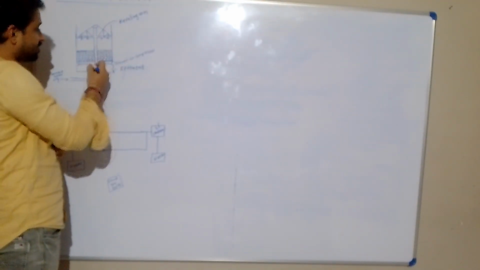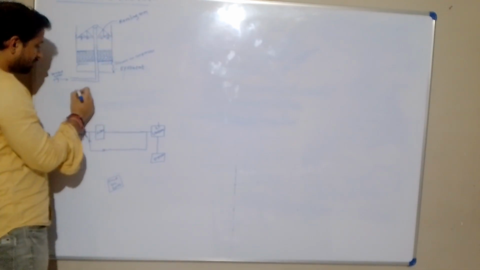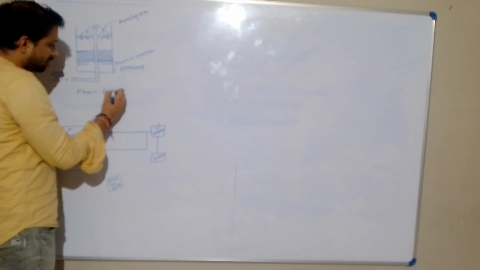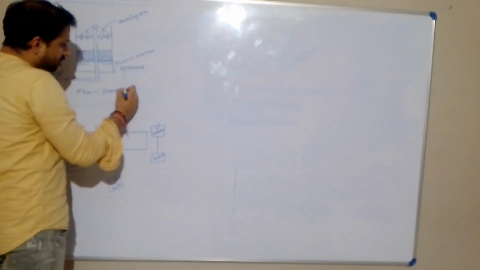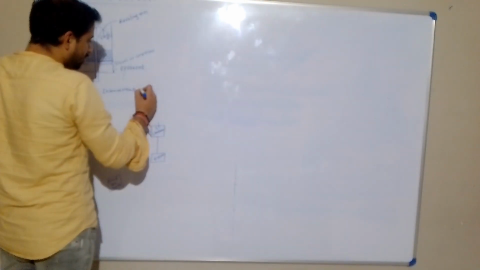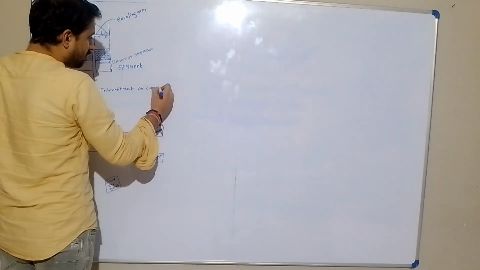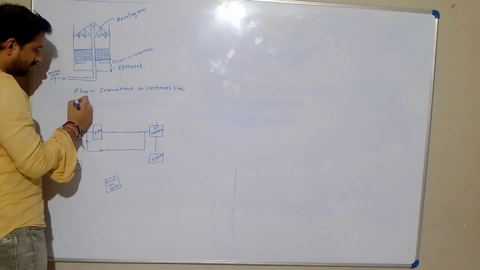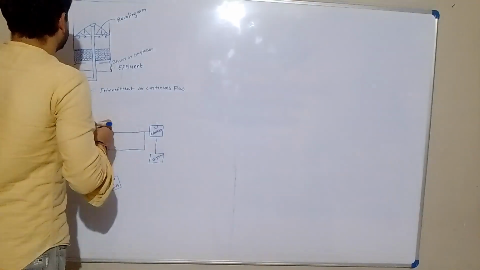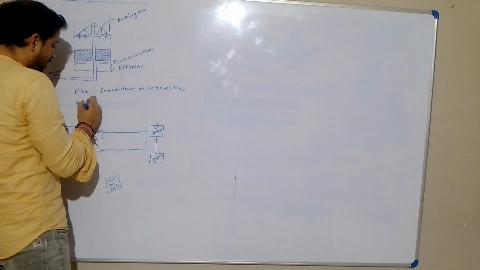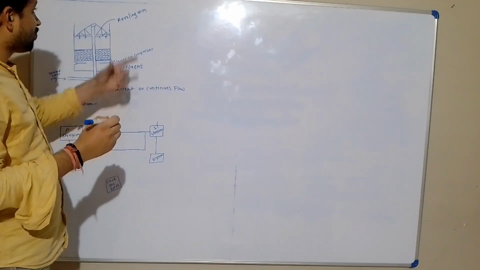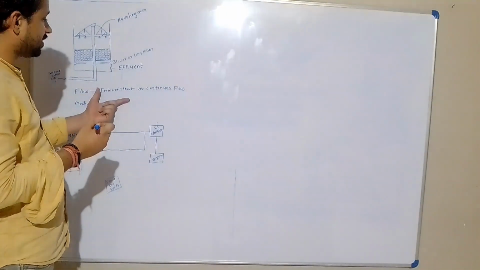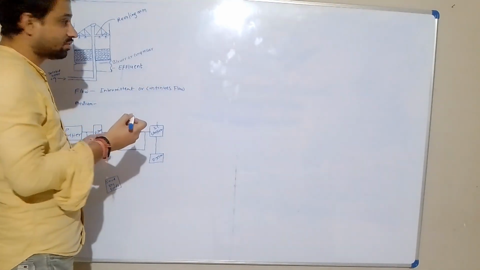The flow which is generally available is intermittent or continuous type of flow.